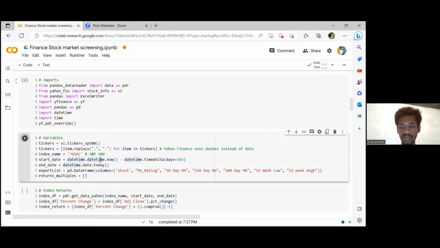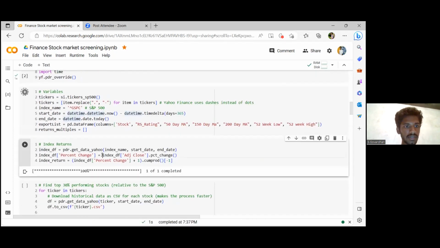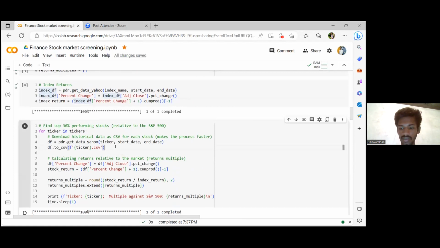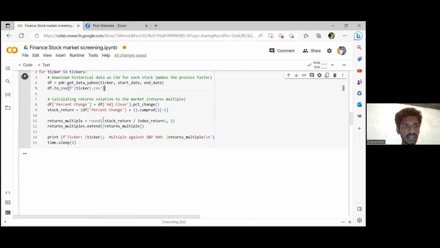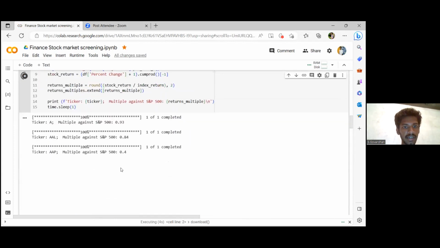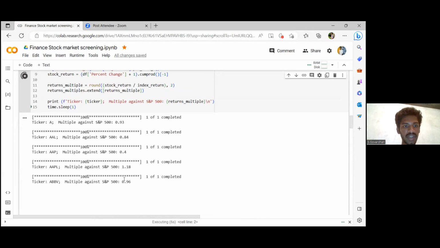I'll conclude these topics with the new one. Here we can export all the relevant data, and one by one it exports the stocks available in the market.